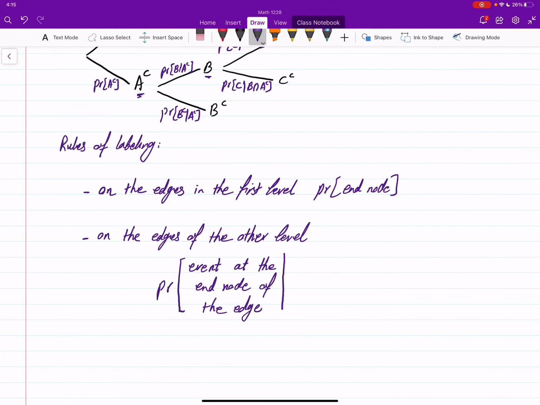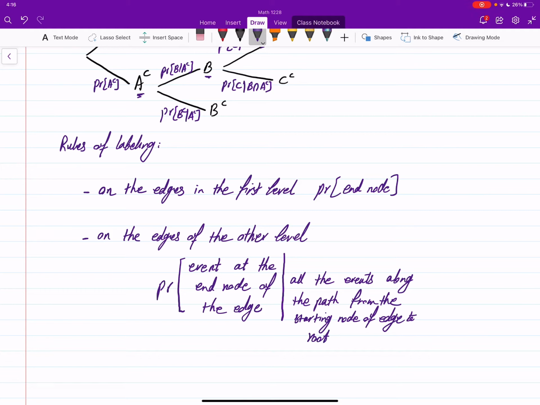But in the other levels, you have to find a conditional probability, knowing that, well, we know that already all the events along the path from the starting node of the edge to the root.